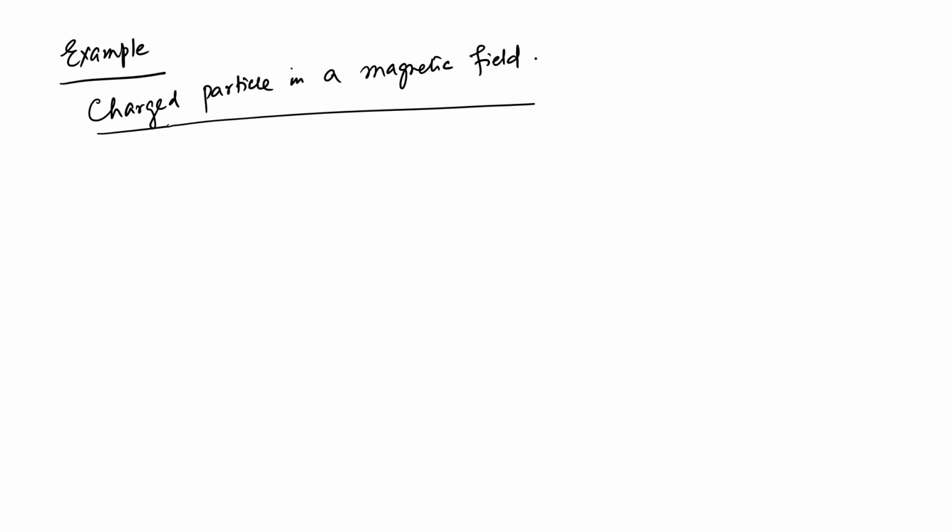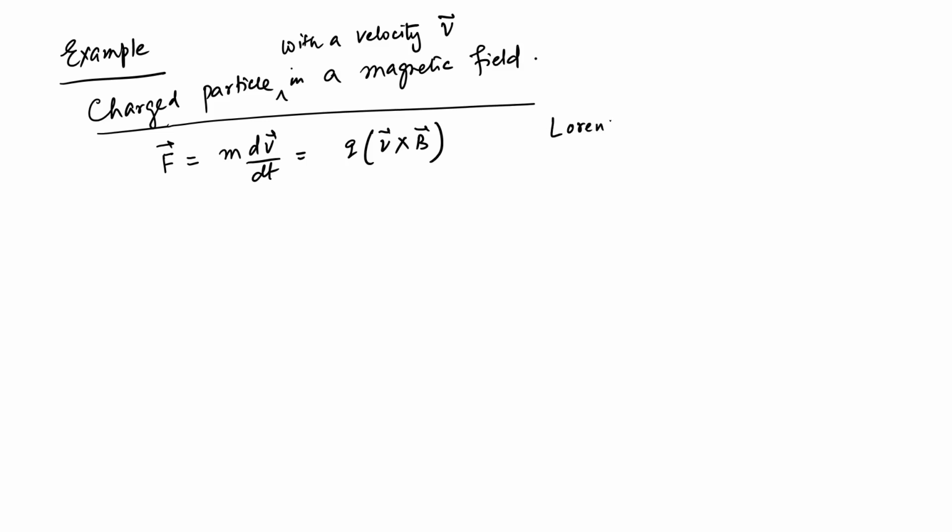So, we will just talk about the Lorentz force that comes into picture, and so it is m dv dt, and this is equal to q into v cross b. Okay. So, of course, this is a moving charged particle with a velocity v, and it enters into a region where there is a magnetic field B. So, the force that this particle or the charged particle experiences is given by q into v cross b, and this is called as a Lorentz force.